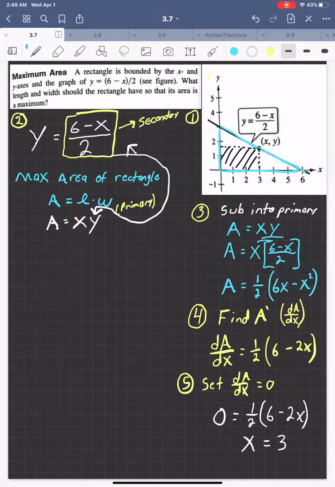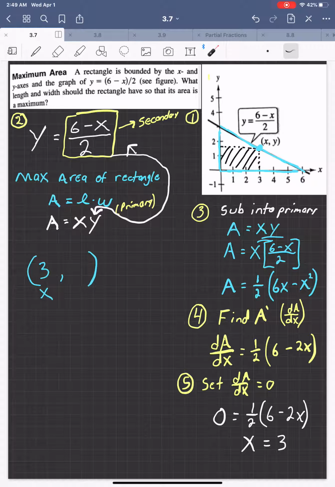So what did you just find out? Well, the picture is quite telling, isn't it? If you were looking for some xy point, you just figured out that you should choose 3 for x. All right, well, let's actually figure out what the maximum area is.